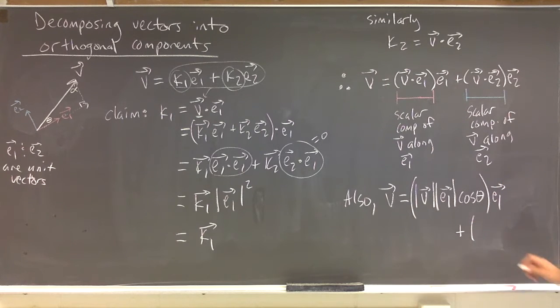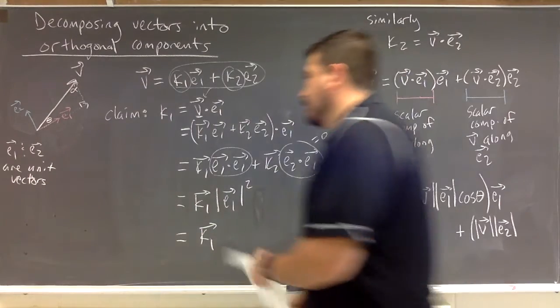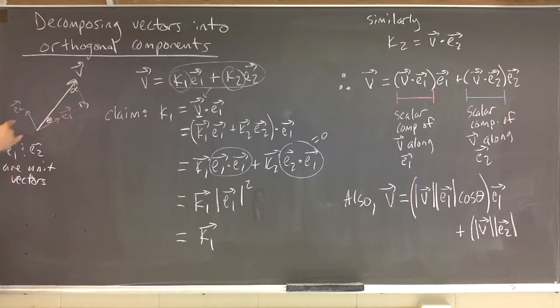Plus, similarly here, we're going to have the magnitude of V times the magnitude of E2. And now, since E2 is technically this angle over here, the angle between the two when we're doing the cosine is going to be alpha.